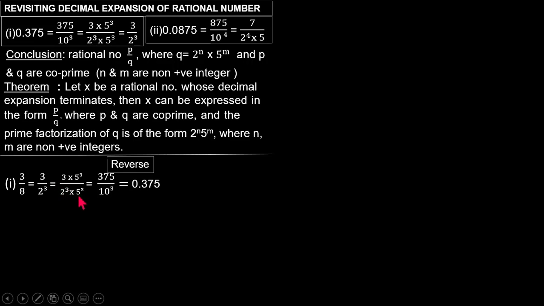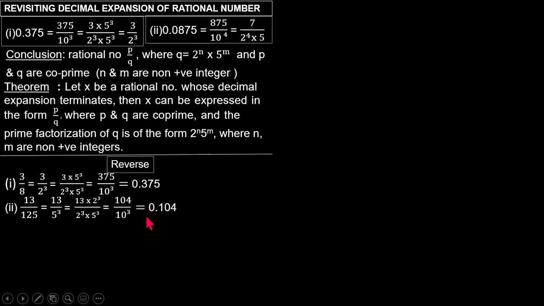Because we always want 10 or 1000 or something like this. To make it, we have to multiply 2 with 5. Since it is 2 cube, we also multiply with 5 cube so that we get 10 cube. In the numerator we also multiply with the same number, and the multiplication comes out to be 375. Now we can write this as 0.375. Exactly the reverse procedure of what we have done here.